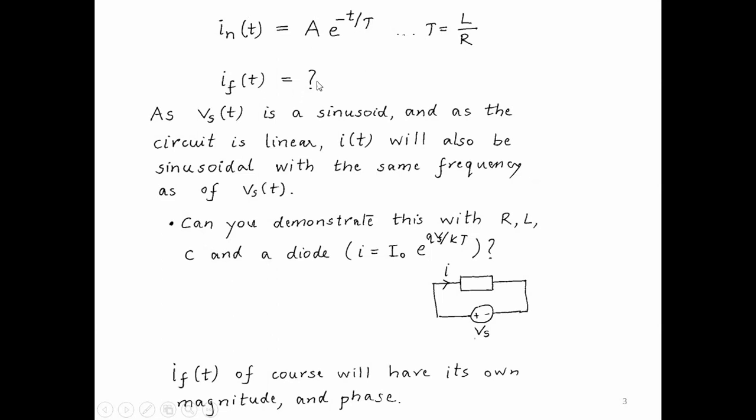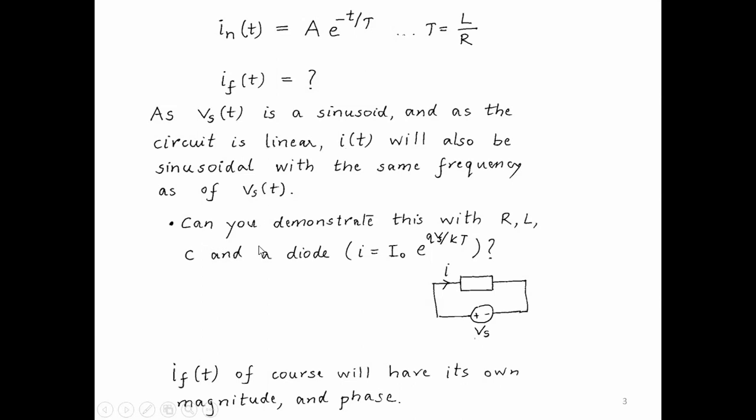What is IF? Let us think about IF now. As I mentioned in the last lecture, because Vs is a sinusoid and because this circuit is linear, IF will also be a sinusoidal function with the same frequency as Vs. That's a property of linear circuits.